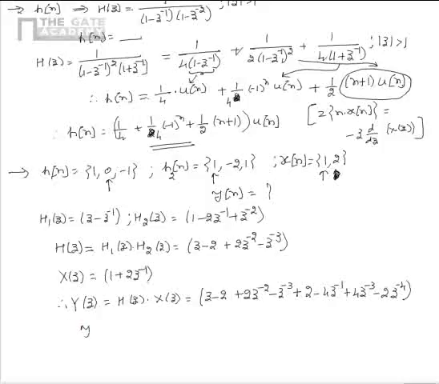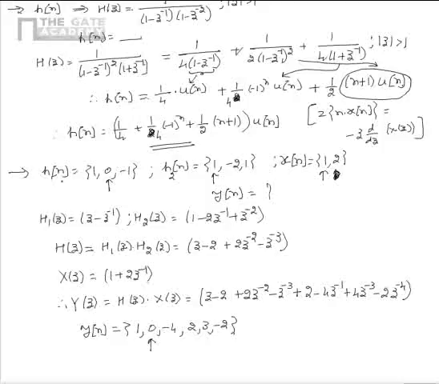So upon simplification, the output y(n) can be written as 1, 0, -4, 2, 3, -2. Here the value of 0 corresponds to the instant n = 0.